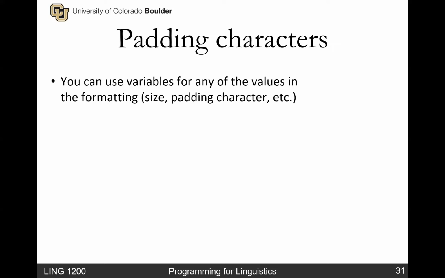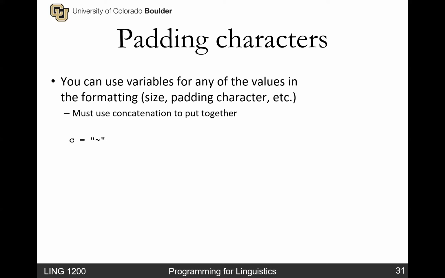You can also use variables for your padding character or for any of the values in formatting, the size, the padding character, etc. And in this case, because our formatting, our curly bracket thing, is inside of a string, if you want to use a variable, you have to use concatenation to put them together.